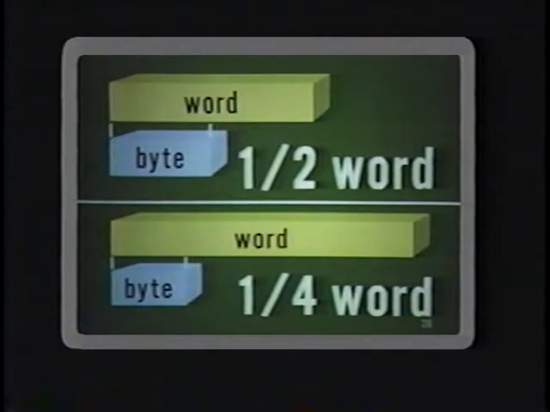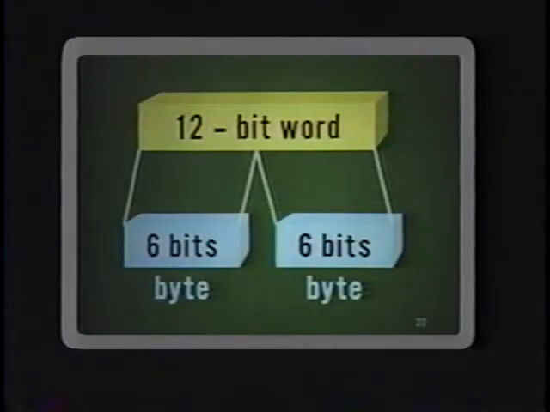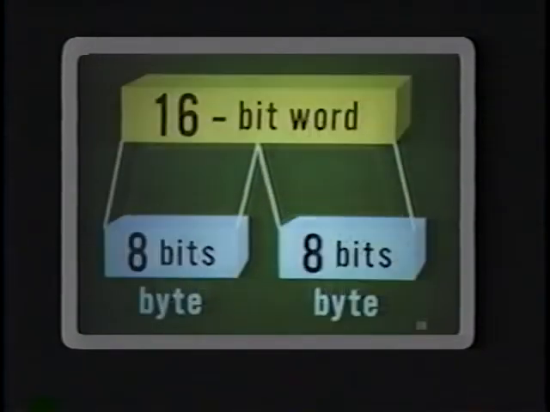A byte is usually 1/2 or 1/4 the size of a computer word. For example, if a minicomputer uses a 12-bit word, then each byte contains 6 bits. On the other hand, if the minicomputer uses a 16-bit word, then each byte contains 8 bits.